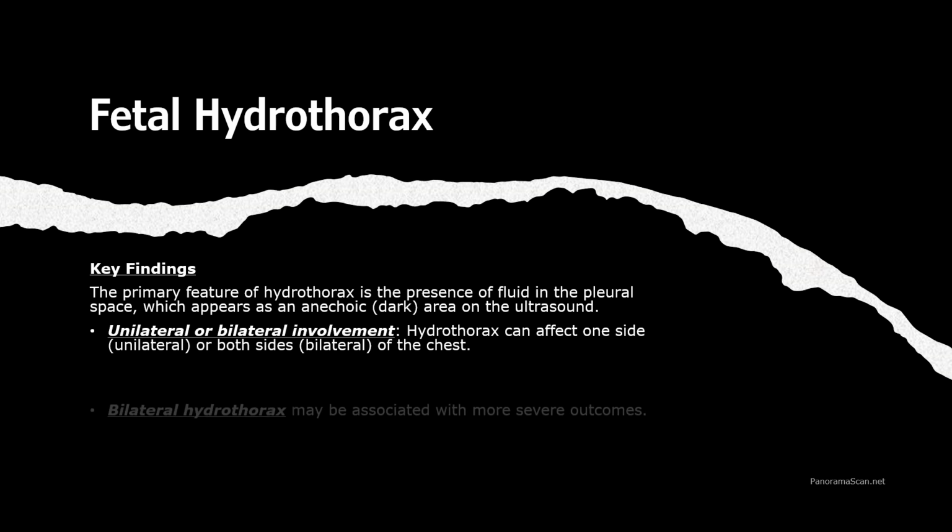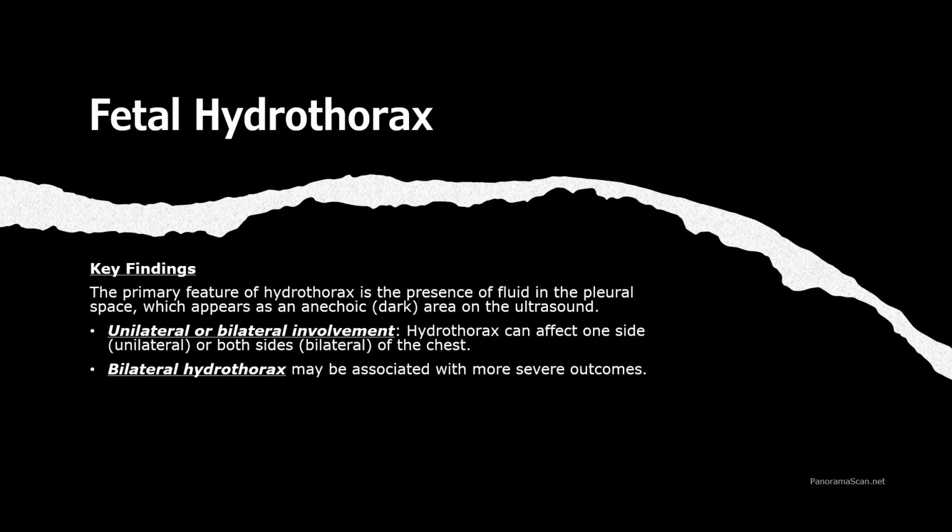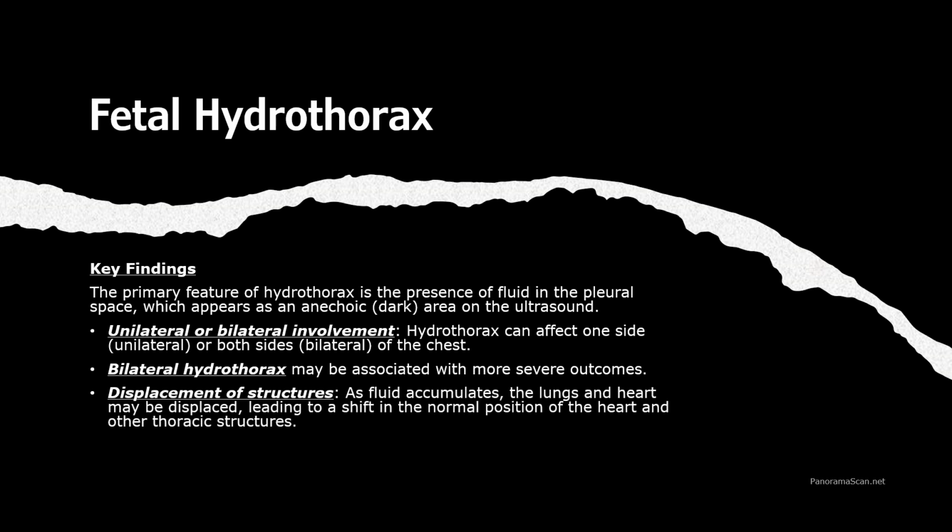Hydrothorax can involve one side of the chest, unilateral hydrothorax, or both sides, which is called bilateral hydrothorax. Bilateral involvement tends to be more concerning and may be associated with more severe outcomes due to the increased fluid accumulation.